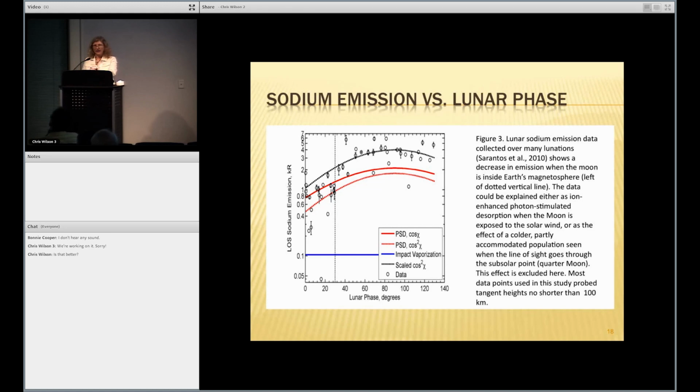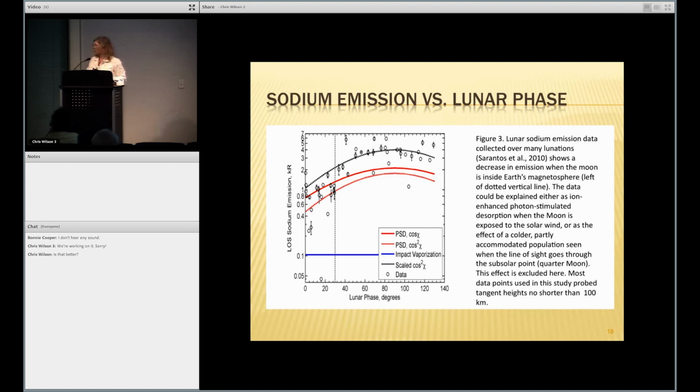And it fits pretty well with the data that are outside of the magnetosphere. But you can see that the data when the moon is inside the Earth's magnetosphere are all less dense than you would predict for a normal PSD, either if you assume that it falls off as cosine of the solar zenith angle or cosine squared.